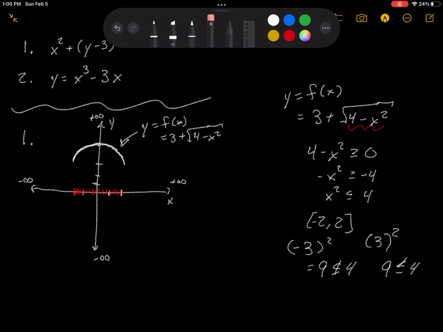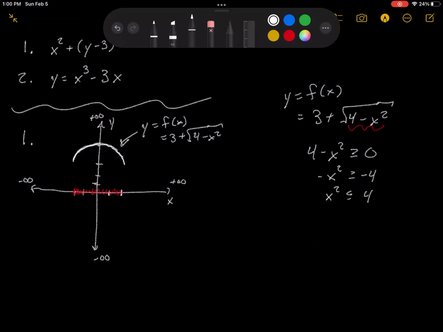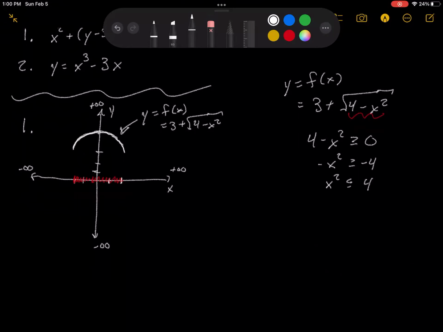But if x is smaller than 2 in absolute value, then this function will make sense. In fact, this tells us the domain is all x values between -2 and 2, inclusive, right? If you plug in -2 or 2, then you get a 0.